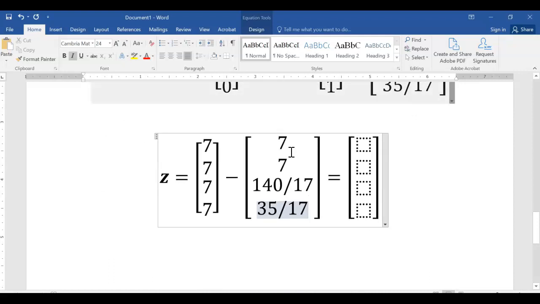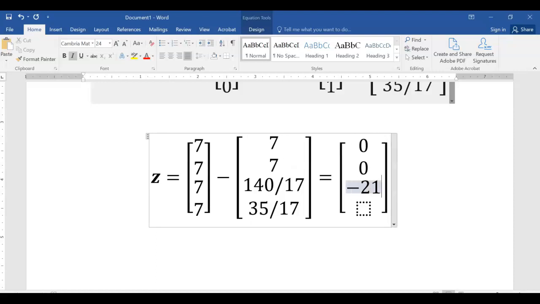When we find the orthogonal component, all I have to do is this. So what we get is a 0, 0. Now when you take 7 minus 140 divided by 17, I got negative 1.235, etc., which was negative 21 over 17.